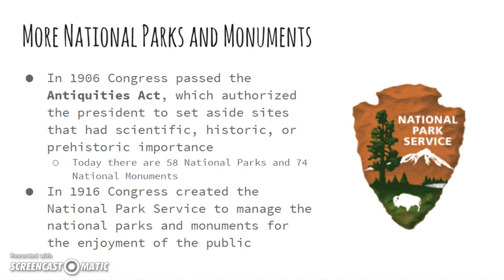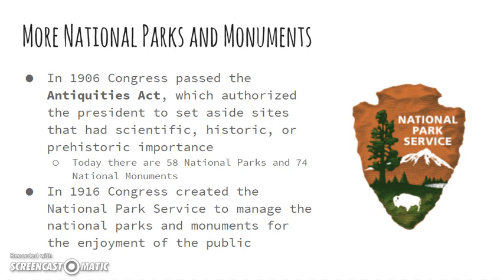So more on the national parks and monuments. In 1906, Congress passed the Antiquities Act, which authorized the president to set aside sites that had scientific, historic, or prehistoric importance. Today, there are 58 national parks and 74 national monuments. Now, this is just national parks and monuments. This is not anything to do with the state parks.